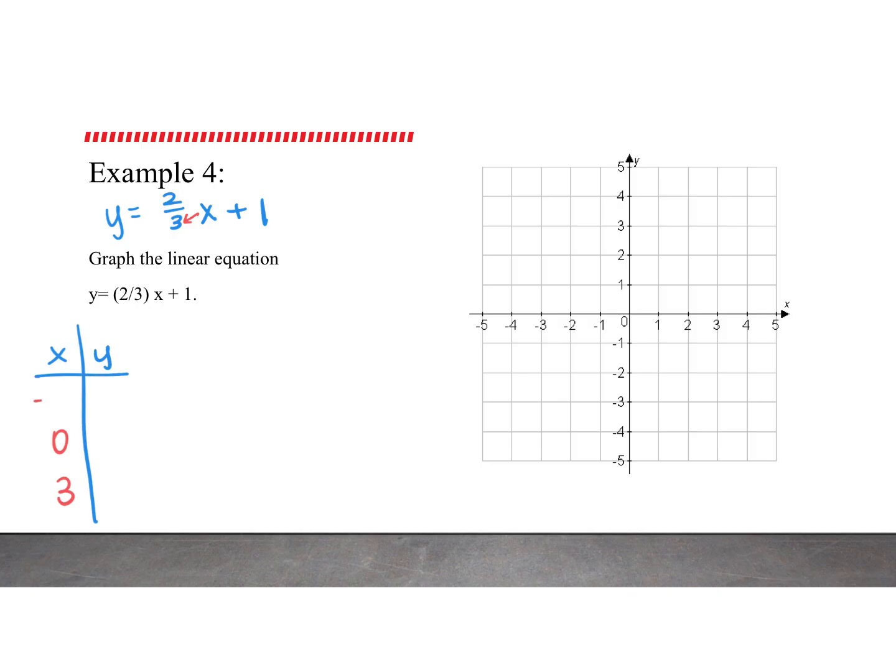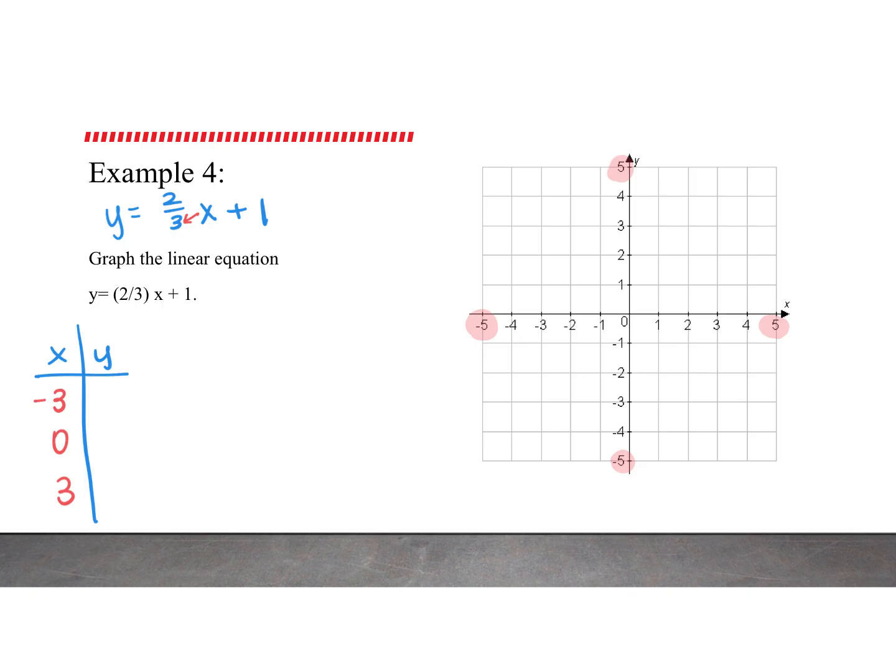But I'm going to do 3 and negative 3. And the reason for my numbers is I glanced over here at this graph that I'm going to graph it on, and I notice what my limits are here. I've got to get something to put on this graph within these bounds. So negative 3, 0, and 3 are all within this graphing space. So those are the numbers I'm going to go with.